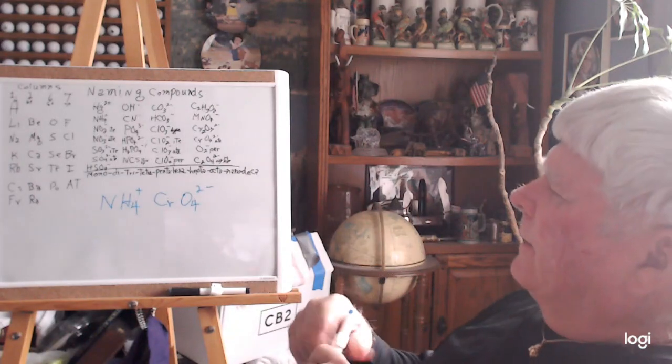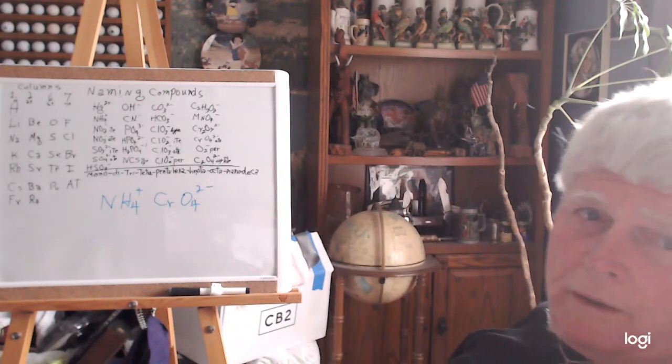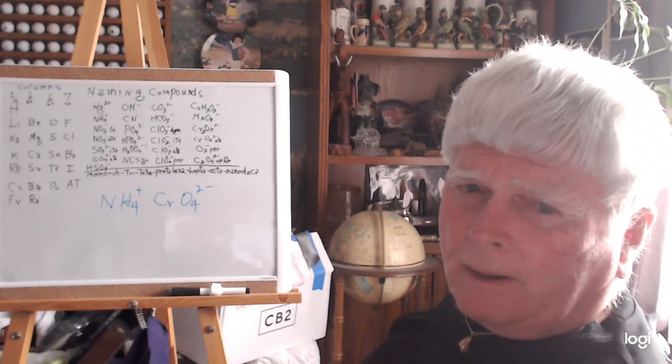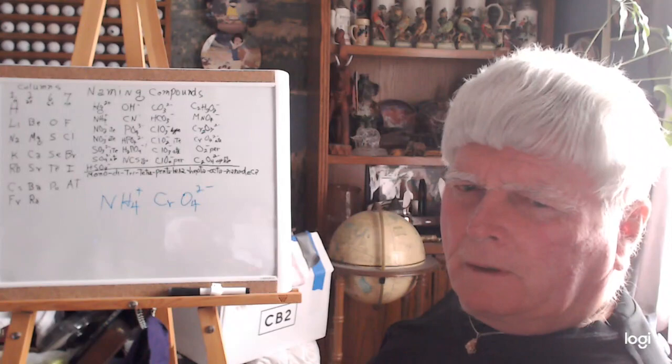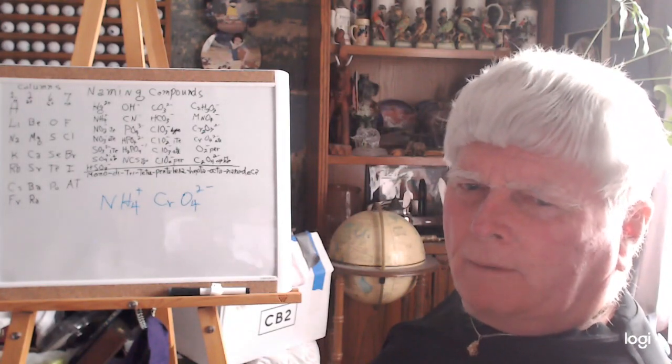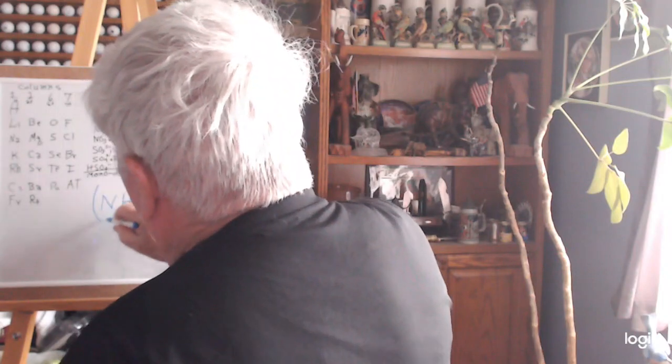Now you look at it and you say, well, wait a minute, you got ammonium ion with a +1 charge and the chromate ion with a 2- charge, so that cannot possibly be the correct formula, and you would be right. The way you fix that is you multiply it.